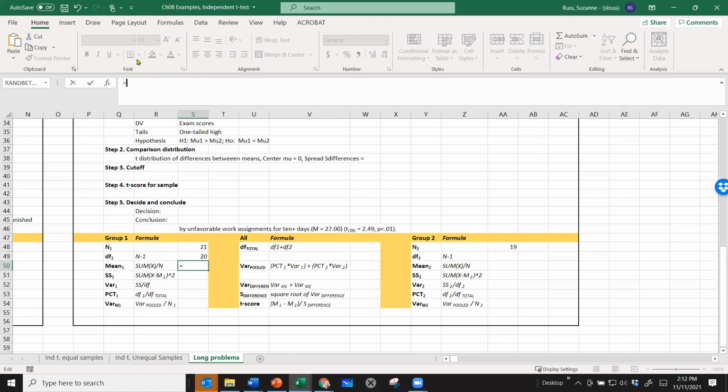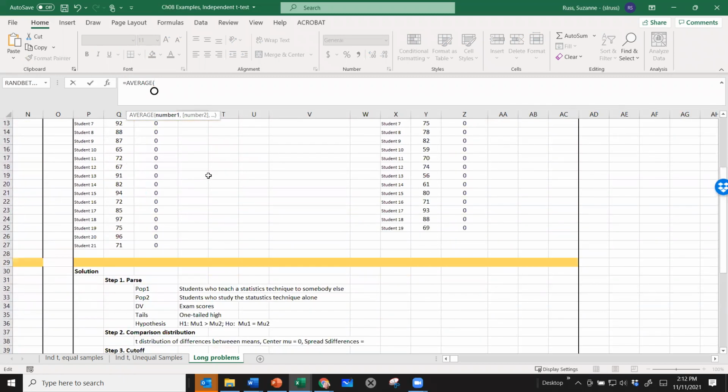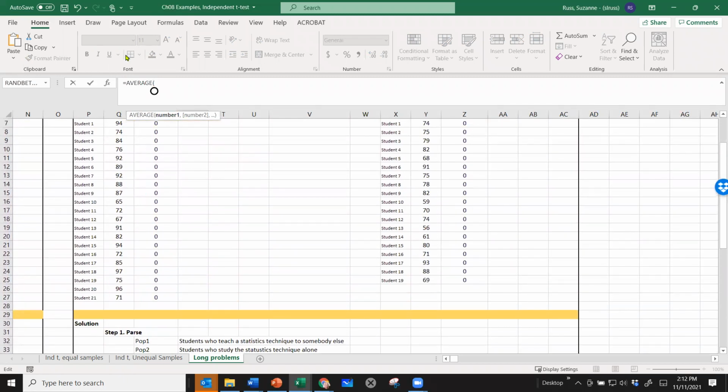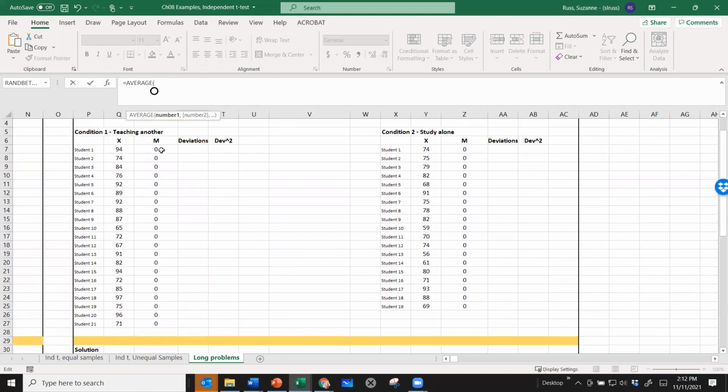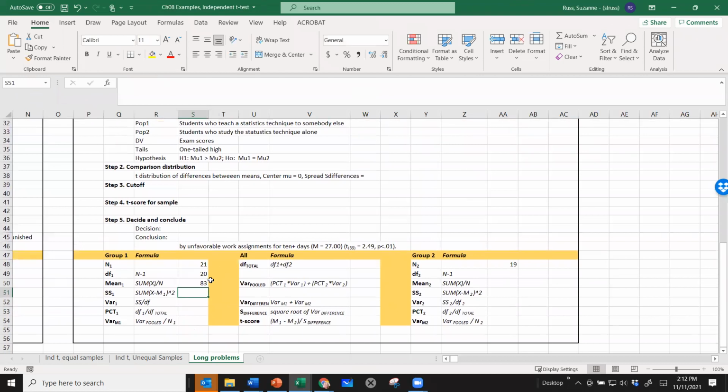You can see it up here in the formula bar. I'll write average, and I'll put in parentheses what I want to average. To do that, I have to leave my cursor up here in the cell and go back up to these values, these scores. And here we have the calculation for the average, and that equals 83.